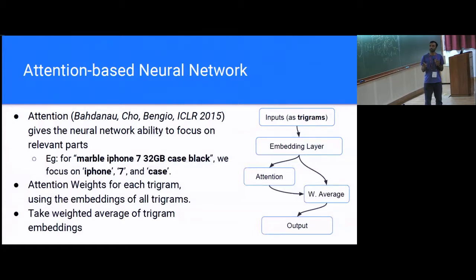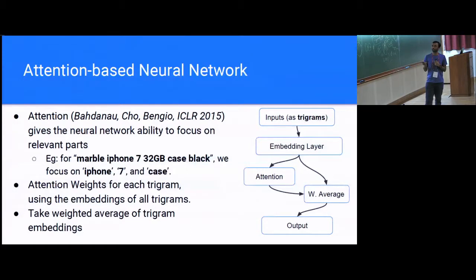The first thing the search engine should figure out is that it should focus on iPhone 7 and case. So it should pay more attention to those words and less to the others. 32 GB is completely irrelevant when you're looking for a case. It's an internal feature, an internal property of the iPhone, which is not useful. So hopefully an attention network will be able to ignore irrelevant things and focus on the relevant things.